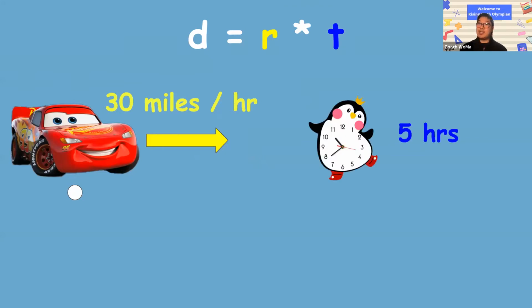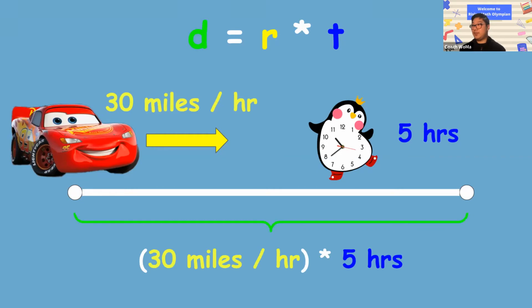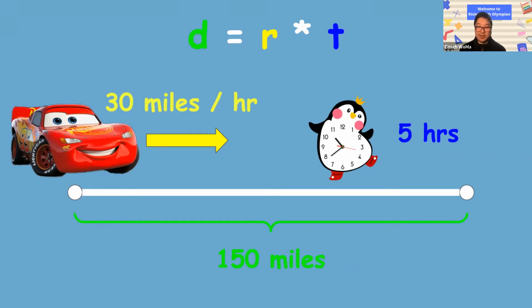So what d equals rt means is that you can calculate the distance he traveled if you have this rate and this time, right? So if you're driving a car at 30 miles per hour and you drive for 5 hours, then you traveled the rate times time distance, which is 150 miles.